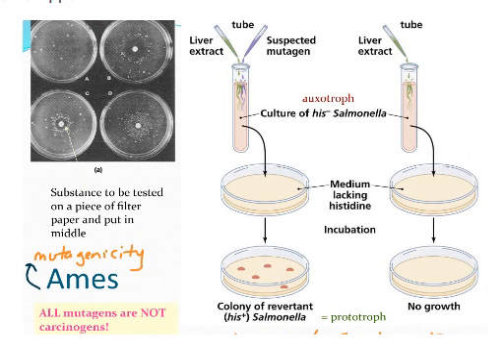To summarize, when there's growth, that implies that there has in fact been a mutation. Only bacteria that are able to mutate can grow even though histidine is missing and required for growth, and that's how we know that mutagenesis has occurred.